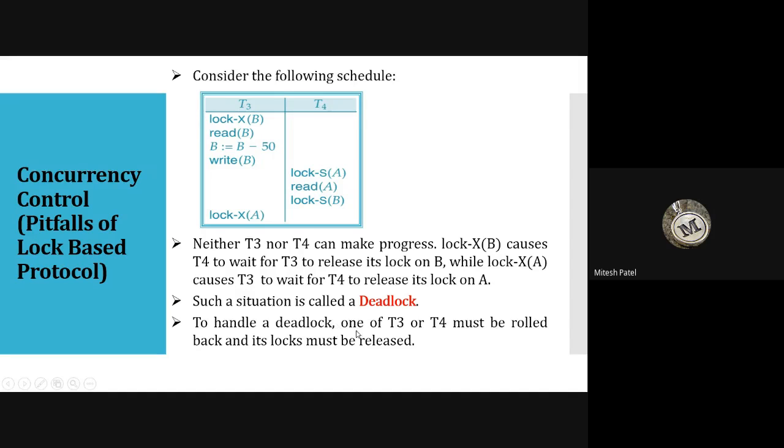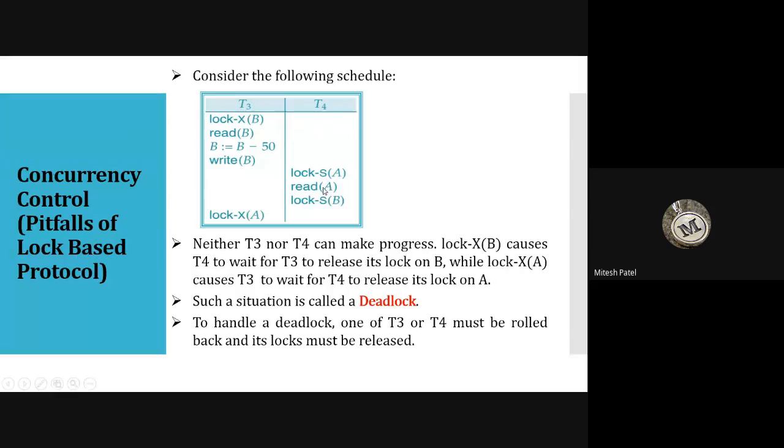To handle a deadlock, either T3 or T4 must be rolled back and its lock must be released. That is done by using mutual exclusion, or we can say by using a lock manager.